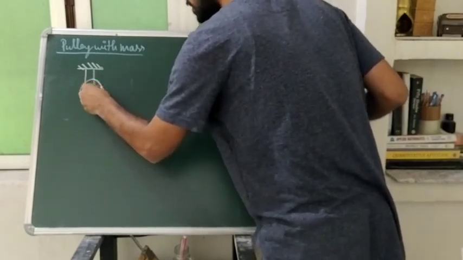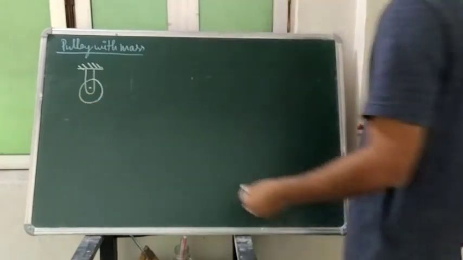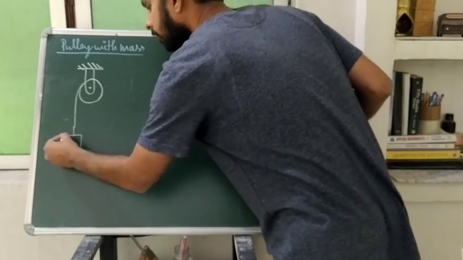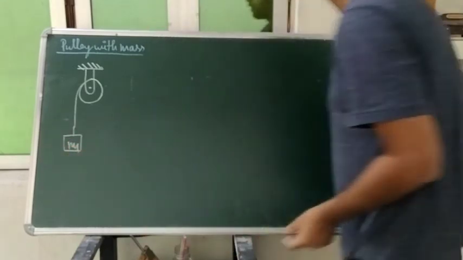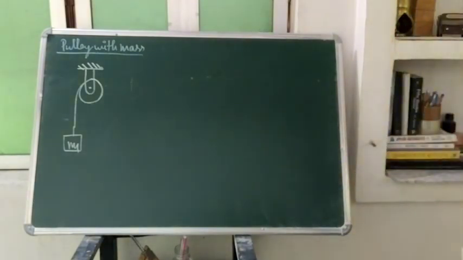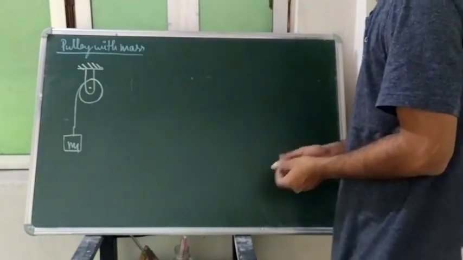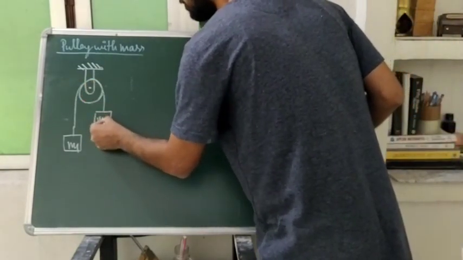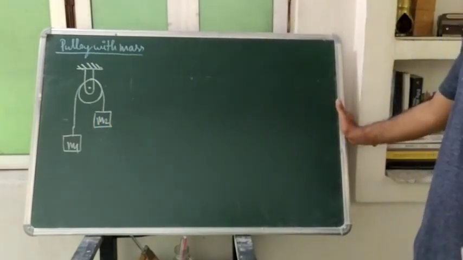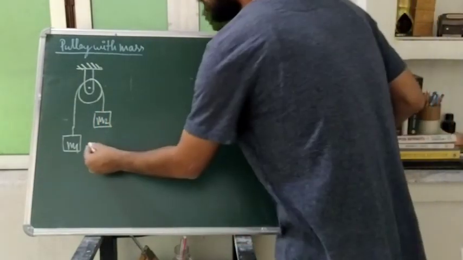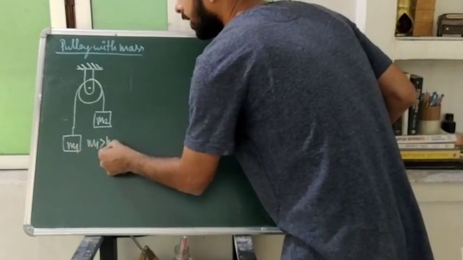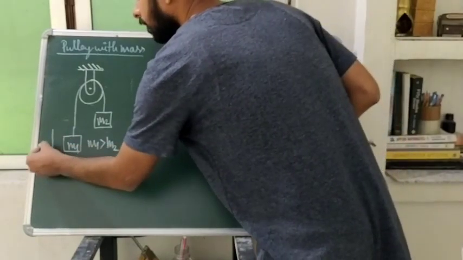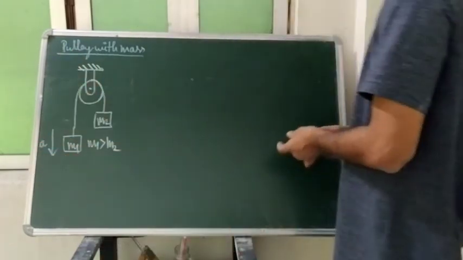Our pulley is fixed to the ceiling, and mass m1 is here. Mass m1 is acting here, and mass m2 is here. Okay. And of course, this mass m1 we are assuming greater than m2 in this case. So our mass m1 is accelerating in the downward direction.